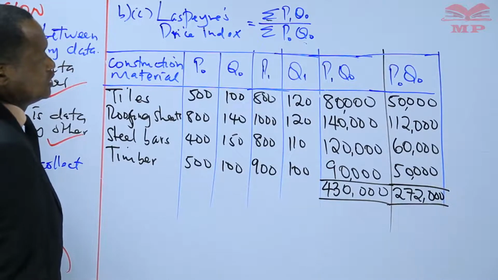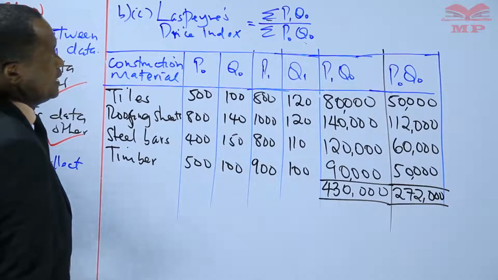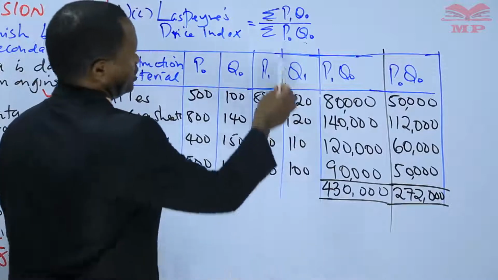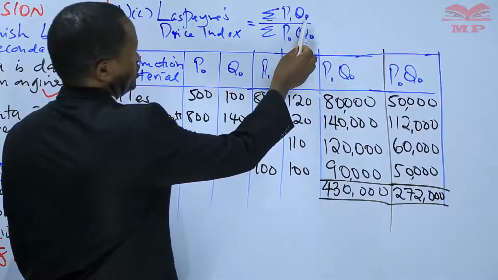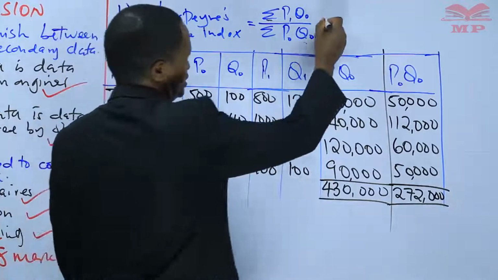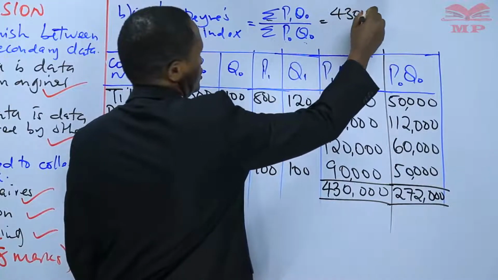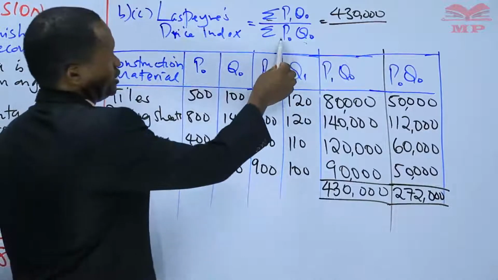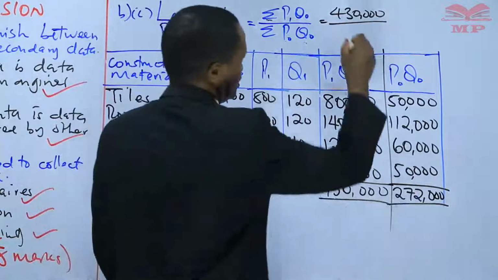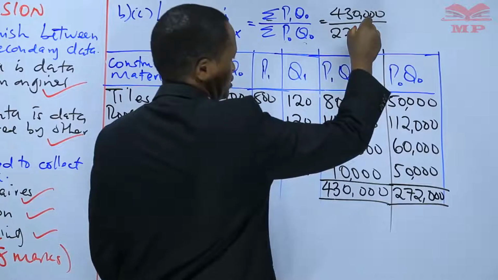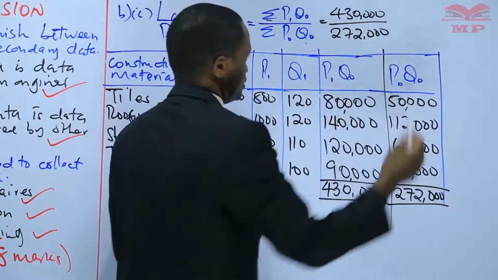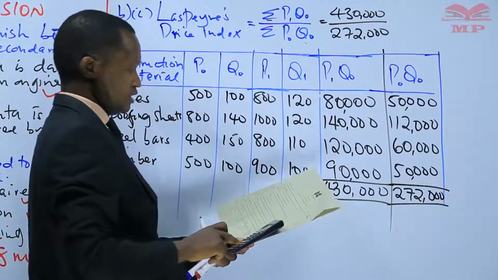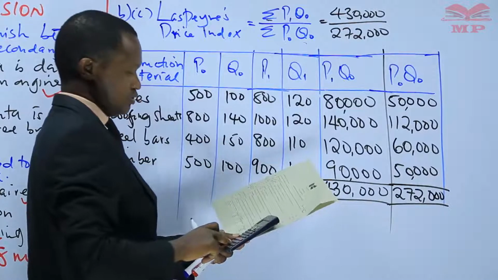Therefore, the Laspeyres price index will be equal to the summation of P1 Q0, which is 430,000, divided by the summation of P0 Q0, 272,000. I'll divide 430 by 272.